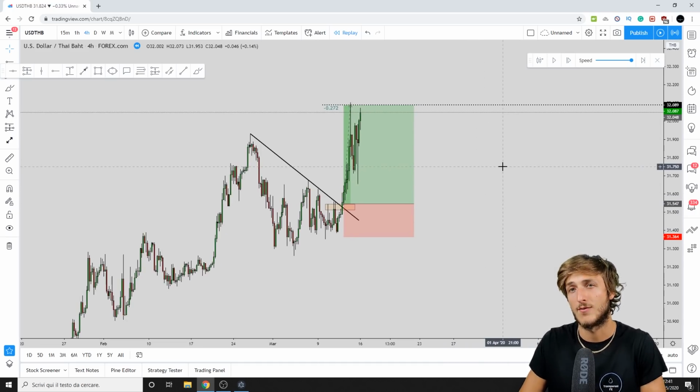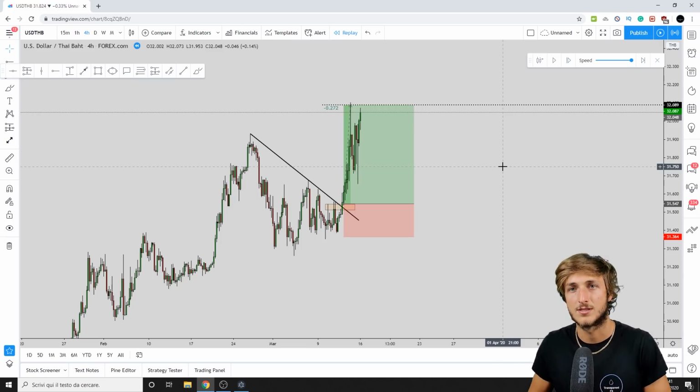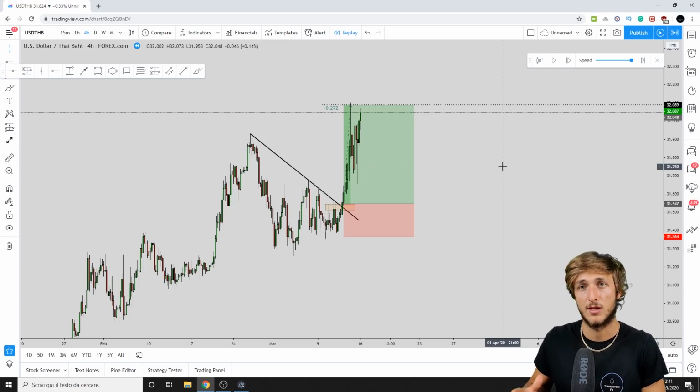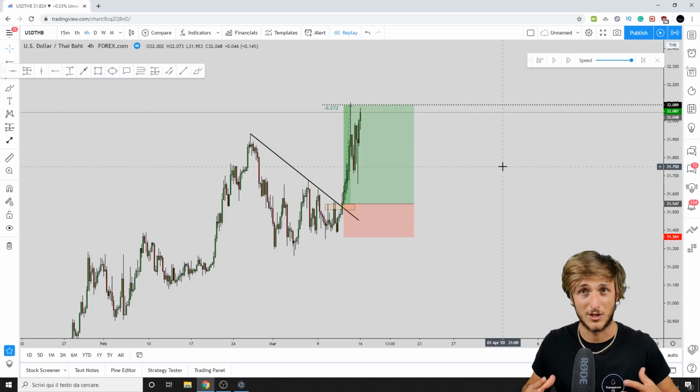Now, if you have the possibility to always take trades with a minimum 1 to 3 risk to reward, what you will be able to do is to be always in profit in the long term, because you can only be right 3 times out of 10. So even if you have a terrible performance that month, you take all bad decisions anyway, you will be in profit. And if you are trading with a good win rate, you will be in huge profit, because when you win, you win 3 times what you lose when you lose.